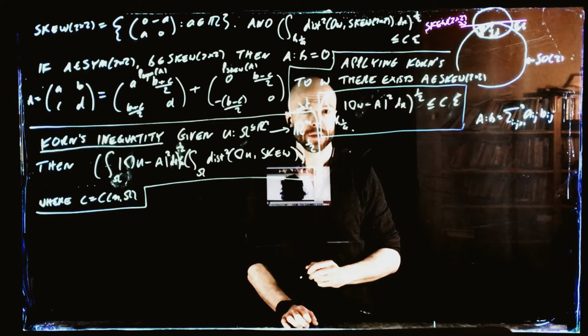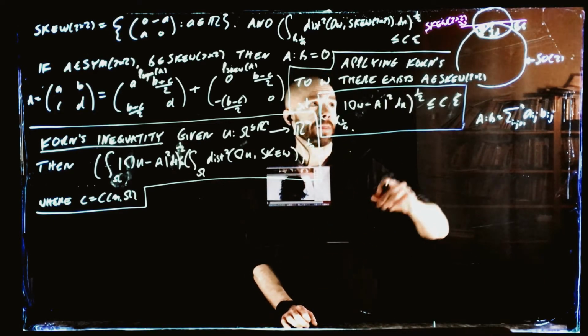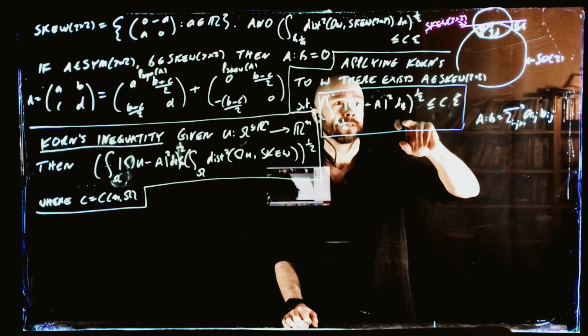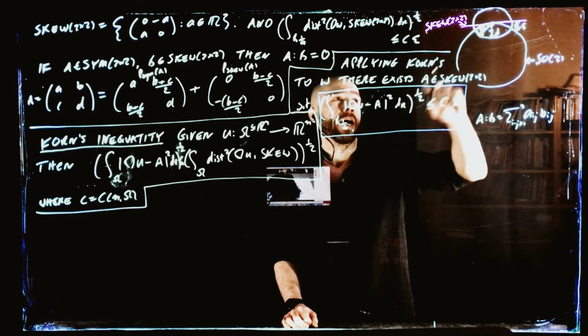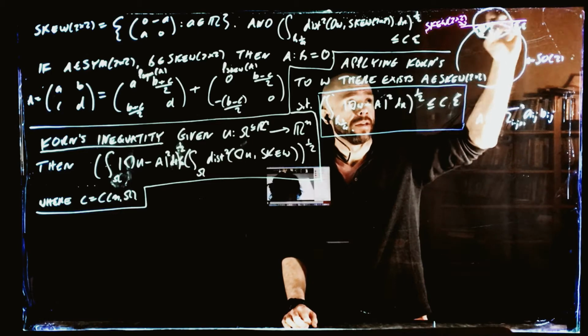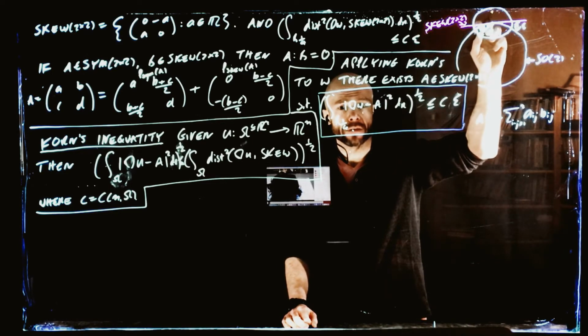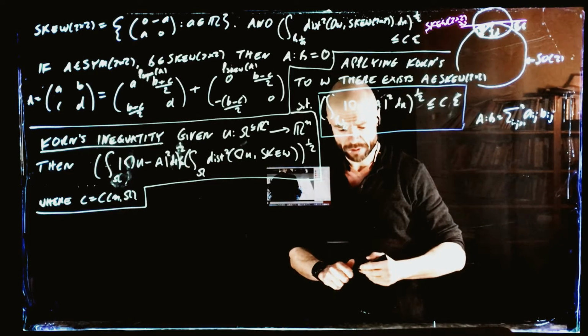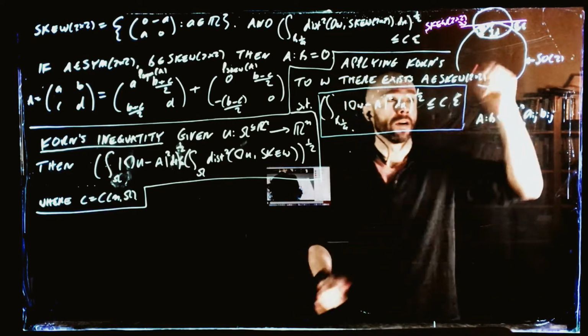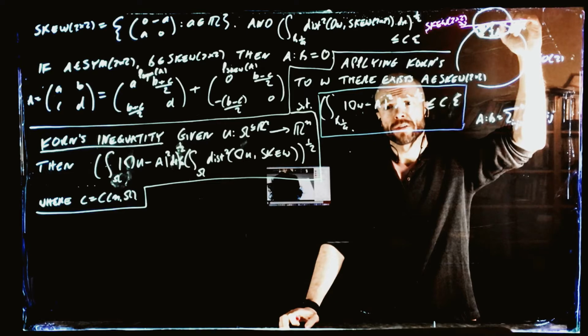Yeah? But we also know that since this is the case, and all the gradients live inside this ball of radius square root of epsilon, then that skew-symmetric matrix has to live somewhere also inside this ball of radius square root of epsilon, right? So A could be right here.